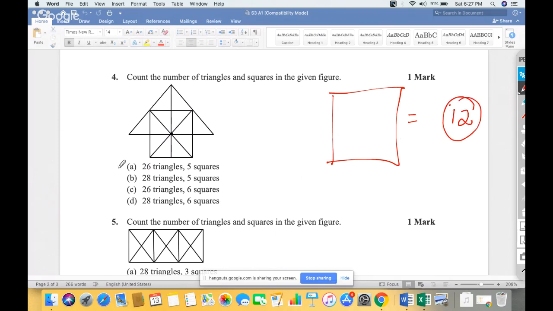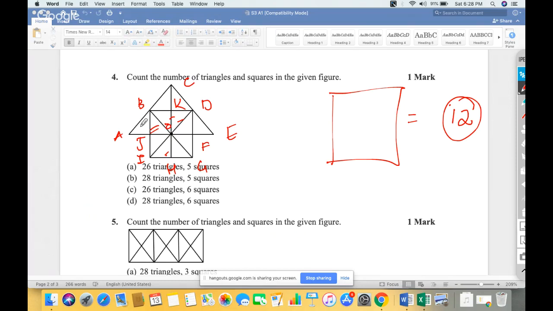Suppose I name this B, and I name this O. Let me name it A, C, D, E, G, H, K, F, J. So the 12 simple triangles would be, as I told you, this side, this side, this side. So there would be 12 simple triangles.